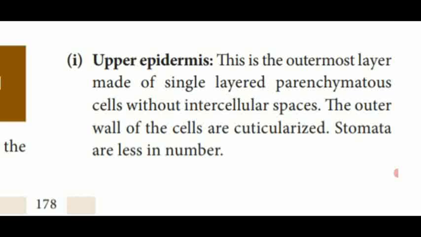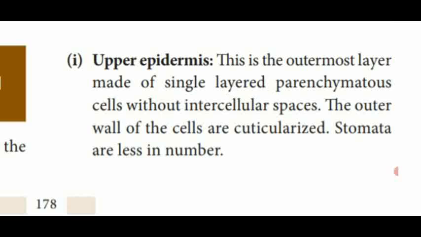First one, upper epidermis. It is the outermost layer made up of a single layer of closely packed parenchymatous cells. There is no space between the cells. That's why they are described as without intercellular spaces. The outermost layer of the epidermis is also made up of a cuticle layer.